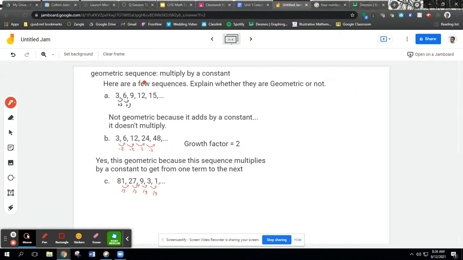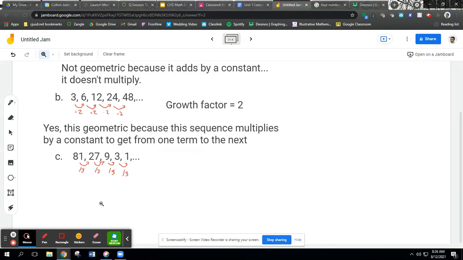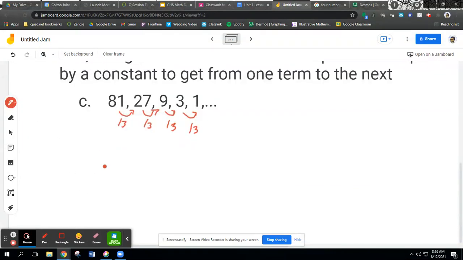Our definition of geometric says it needs to multiply by a constant. So it seems initially like this is not geometric, but maybe we can think of division in terms of multiplication. So if I'm taking the number 81 and I divide it by 3, yes, that equals 27. What would I have to multiply 81 by to get 27?